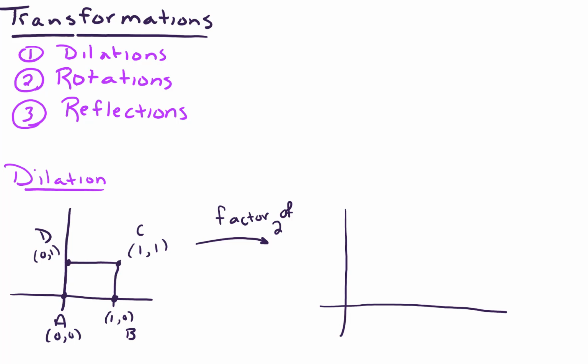So that gives us a larger square, 2 times as big on each side length. And so we have our new vertices C prime, D prime, and so forth.